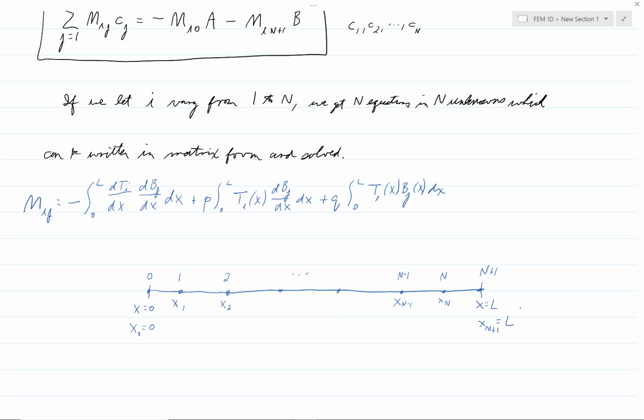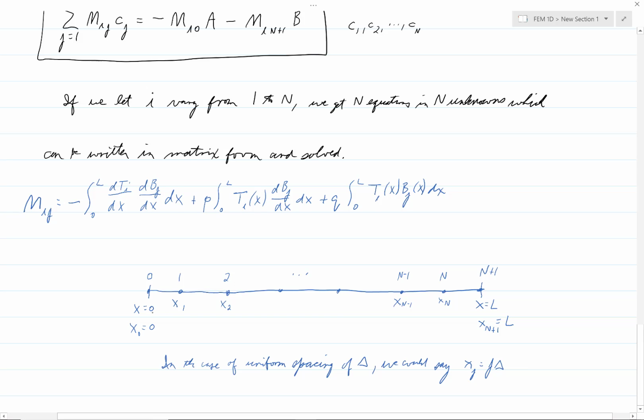Now, if the mesh has uniform spacing and the spacing between any two consecutive nodes is delta, then we could just say that xj is simply equal to j times delta, because x1 here would be delta.